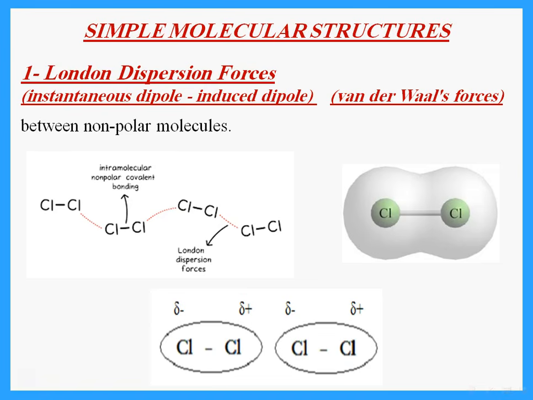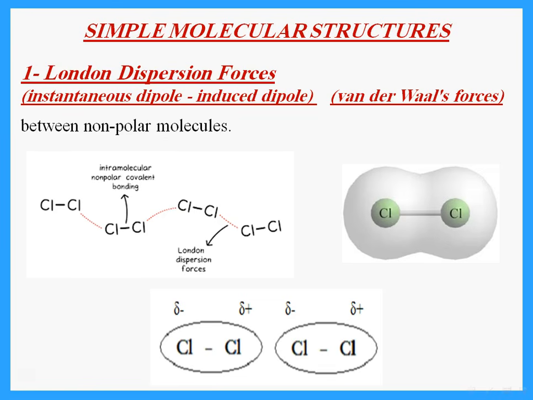The easiest, or actually the weakest, intermolecular forces between any simple molecular structure is what we call London dispersion forces, or they can be referred to also as instantaneous induced dipole, or van der Waals forces. So let's see what these are.